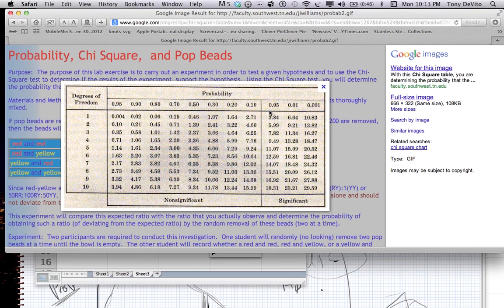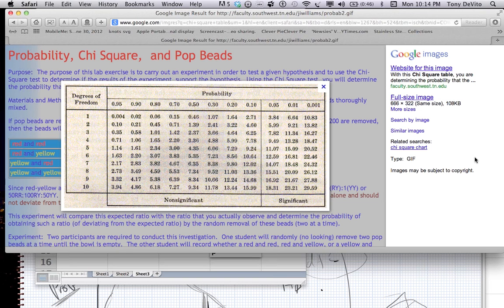Now, if I showed you this table, okay, and I asked you, what is the critical value? How big does chi-square have to be for me to reject the null hypothesis with alpha equals 5% or 0.05 for 4 degrees of freedom? What would the value of chi-square have to be? Right? 4 degrees of freedom and 0.05.